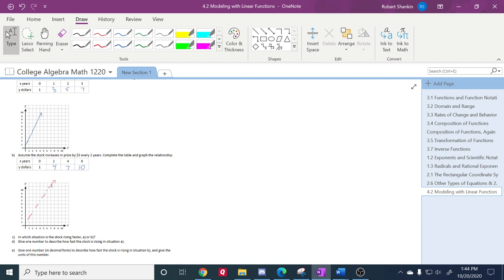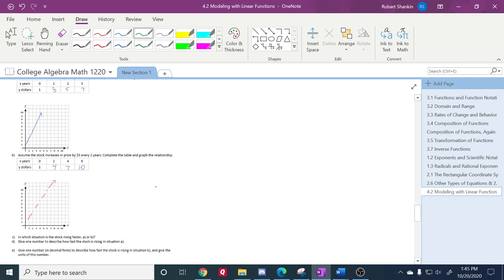Okay, so let me ask group 2. In which situation is the stock rising faster, A or B? So group 2, and you can say pass if you're not sure.